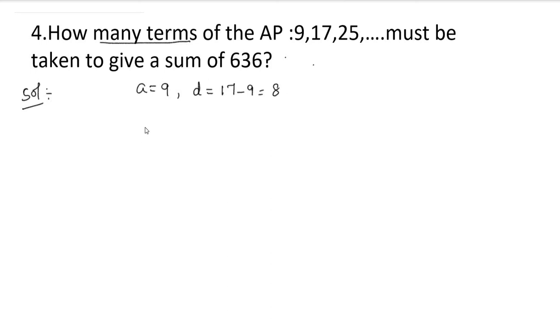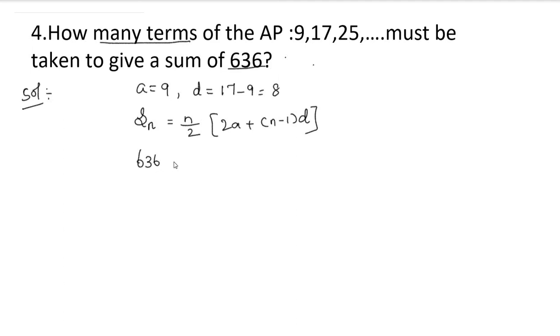They have given the sum of this AP, right? So we are going to use the formula Sn is equal to n by 2 into 2A plus n minus 1 into D. Instead of the sum, what is given? 636.